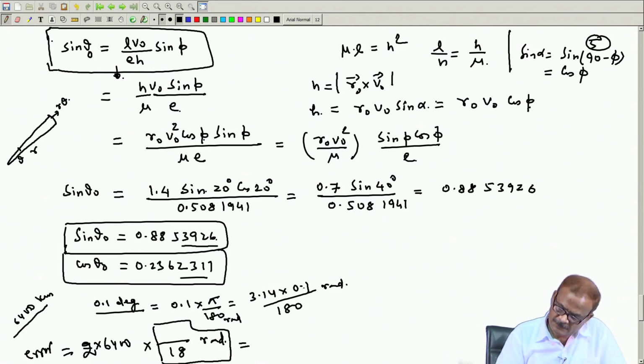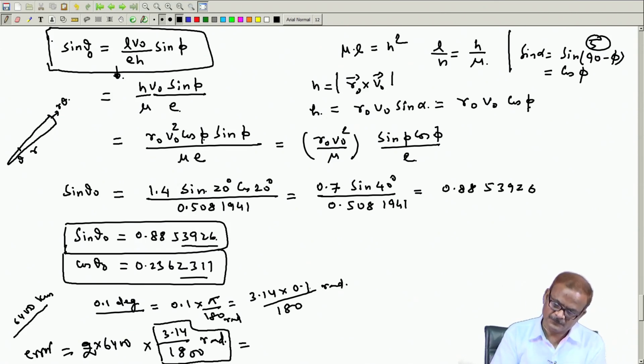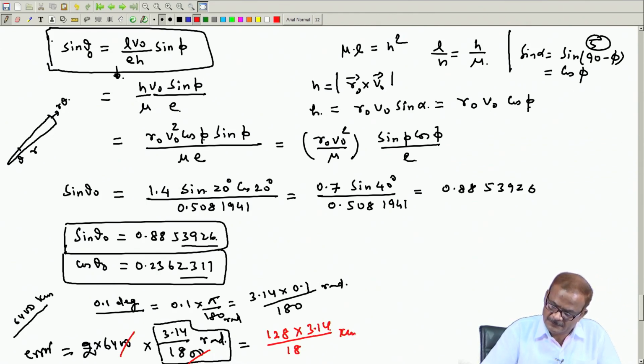This is 3.14, because here, sorry, this will be 1800. So 3.14 divided by 1800. If we cancel out this part, this gets reduced to 128 into 3.14 divided by 18 kilometers.